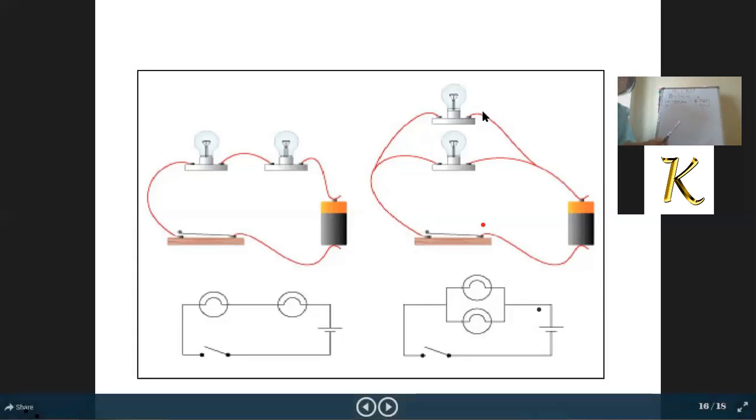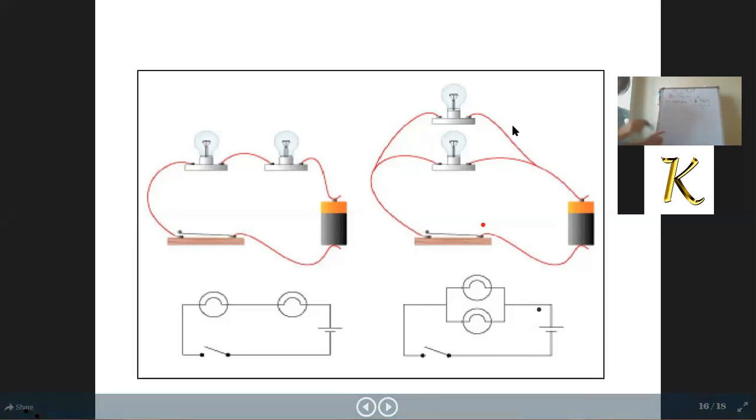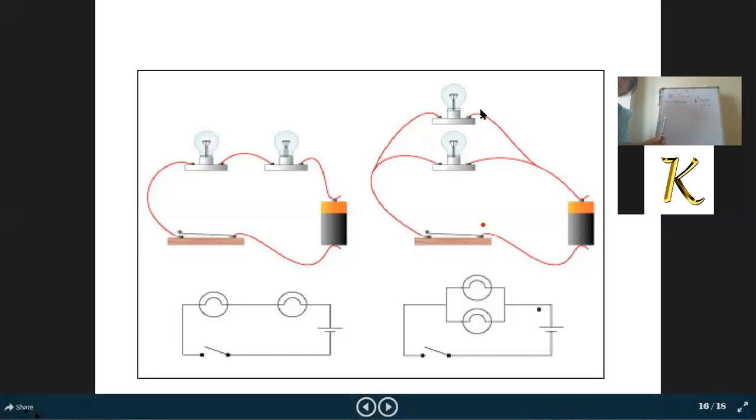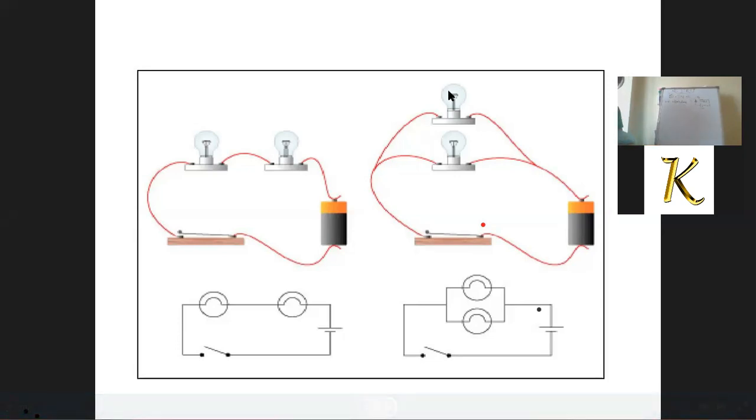So if Q is the amount of charge flowing in the conductor for time t, then the work done will be in terms of the heating effect of the current. V is equal to work done upon quantity of charge Q.